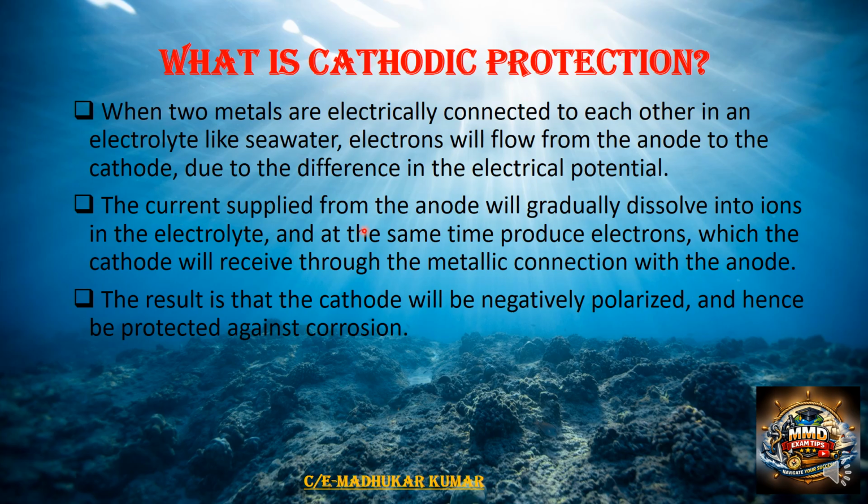The current supplied from the anode will gradually dissolve into the ions of the electrolyte. That is what is happening. At the same time it produces the electrons which will establish the corrosion current, and it is received through the metallic connection from the anode. And due to this, what happens? The cathode will be largely negatively polarized and it gets protected from corrosion.